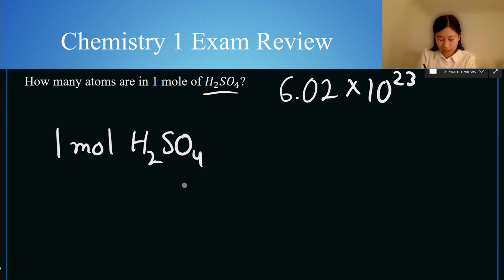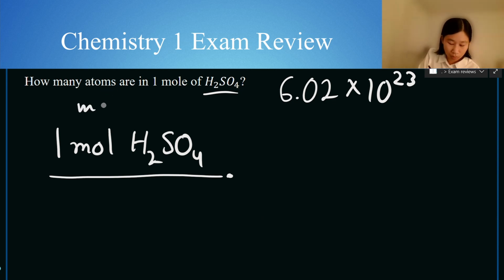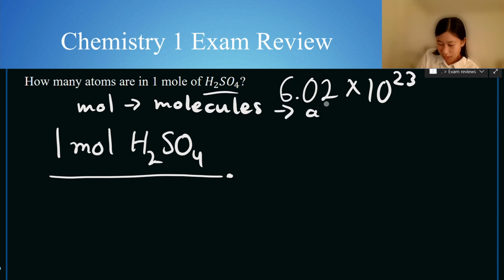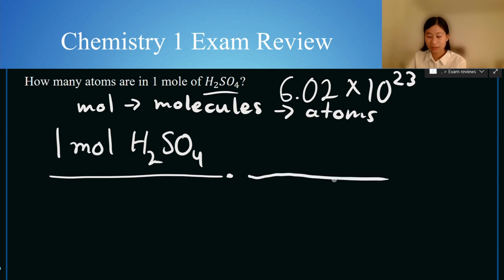1 mole of H2SO4, okay? And because we have to get to atoms, we're going to do moles to molecules to atoms. And this is all going to be of H2SO4. Similar to what we did above, I need to cancel out moles, and I need to put in molecules as my new unit.